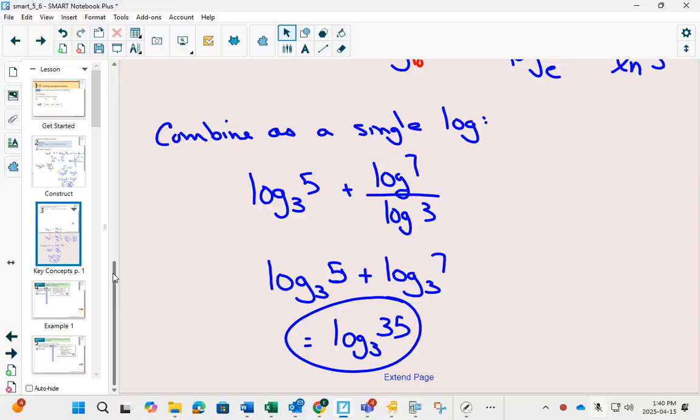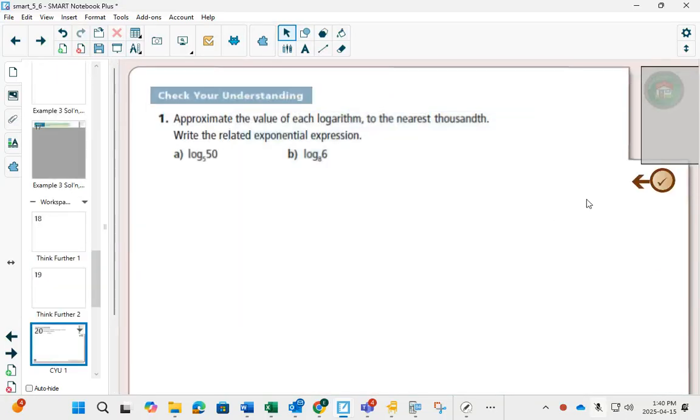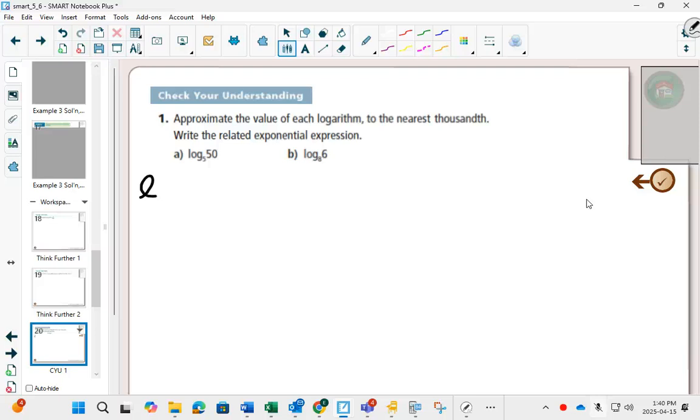So let's go to example 1. They want us to write the related exponential expression and then approximate each. And here, this would be a calculator question.